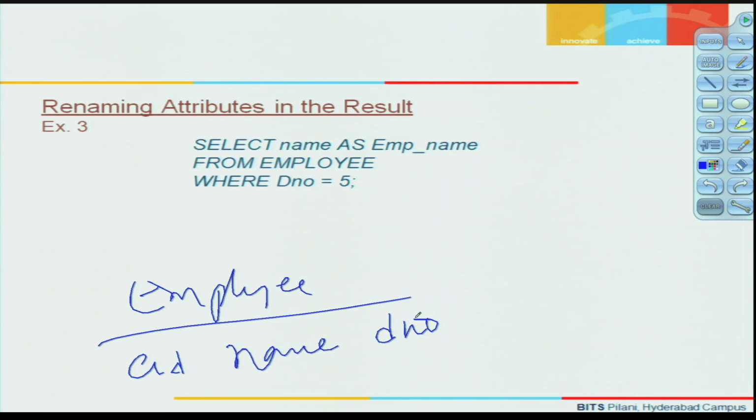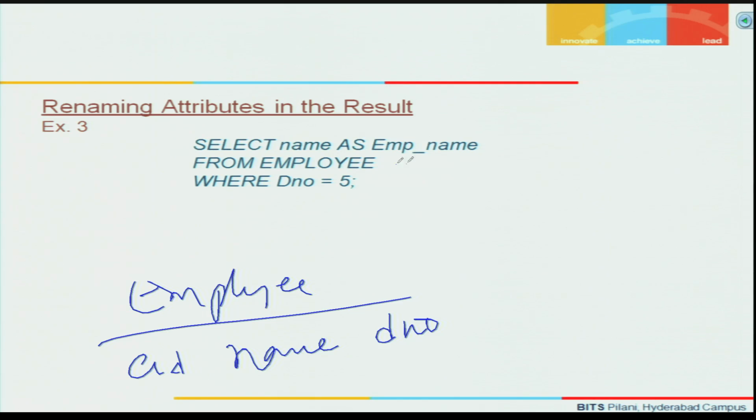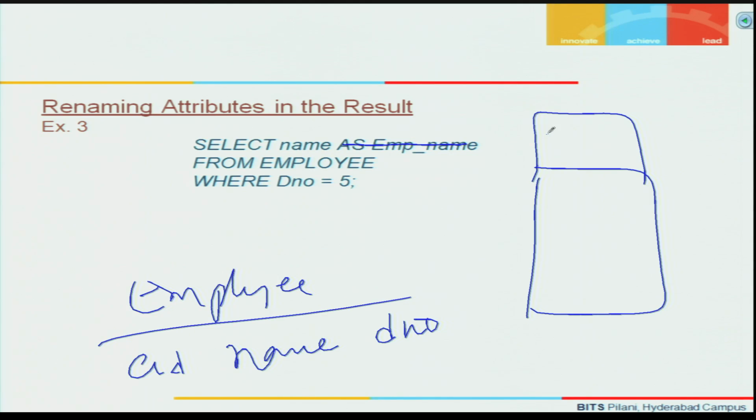Now I would like to find the names of the employees who are working with department number 5, but rather than showing it as name, it should be displayed as EMP underscore name. If I simply write this query without renaming, it will display the result like this: there will be only one column, whose title is name, and it will give you the names of the employees who are working with department number 5.